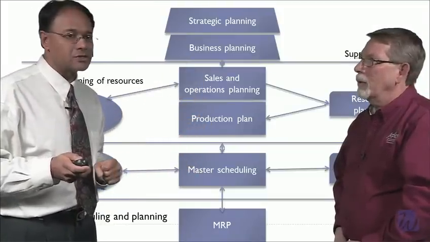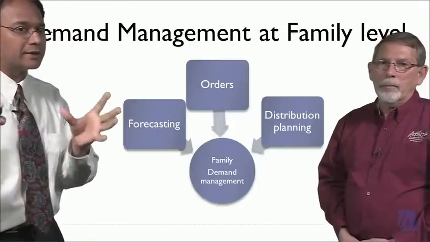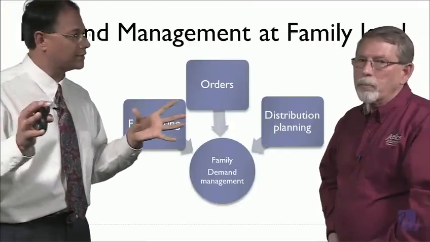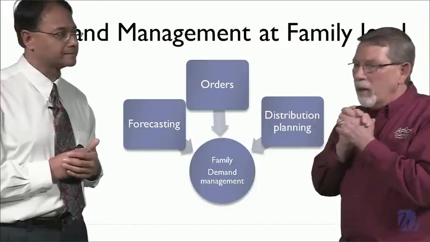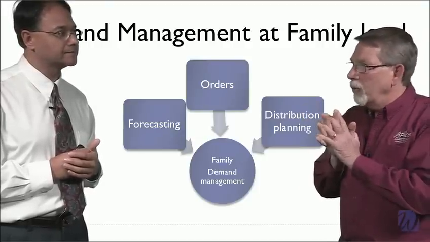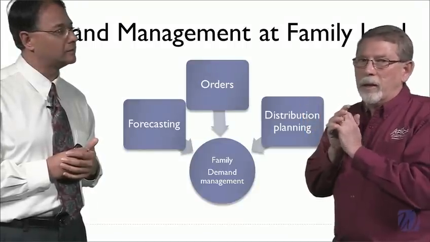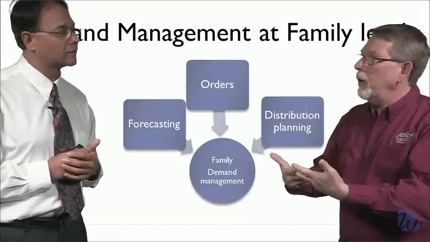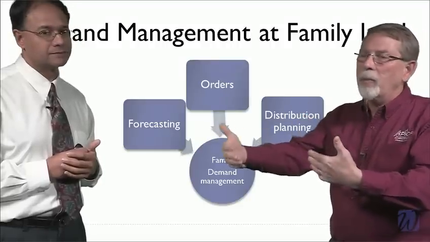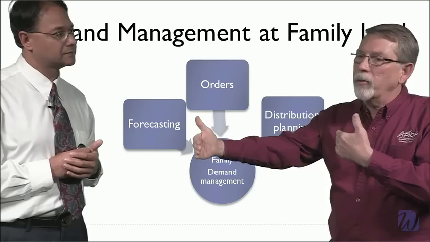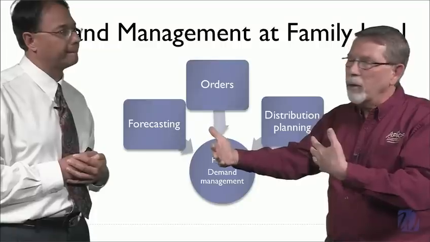Okay. So let's look at the next component of what goes into the demand management at the family level. Demand management is a combination of what sales and marketing do. They're the owners of demand management. They need to look at what orders they already have, and then they need to forecast what they think is going to happen, because we need to forecast out over a period of time in order to get the right materials at the right place at the right time.